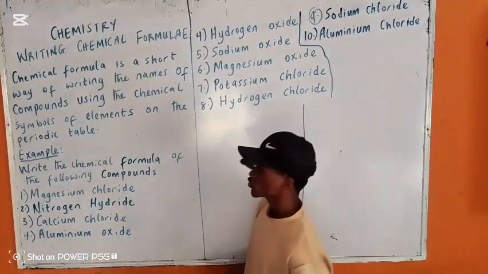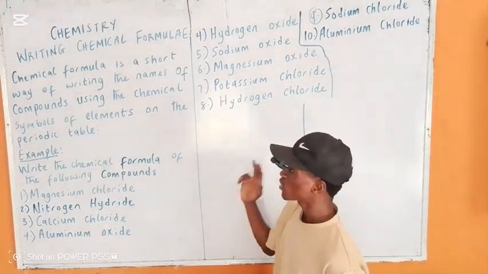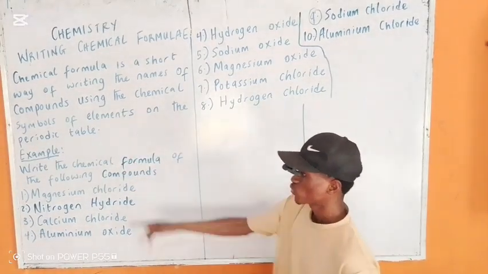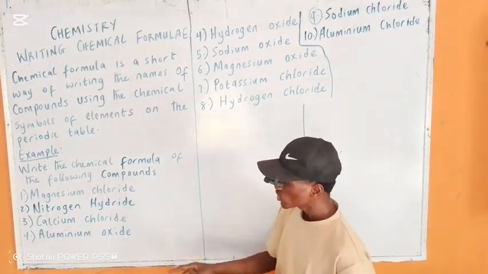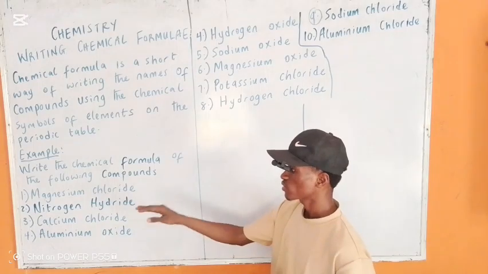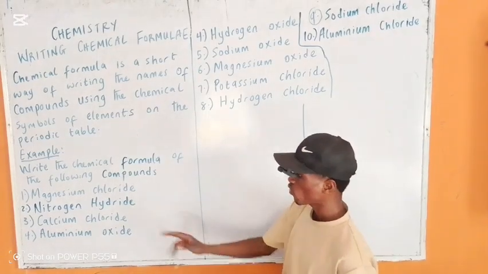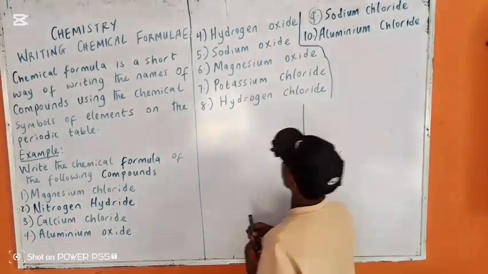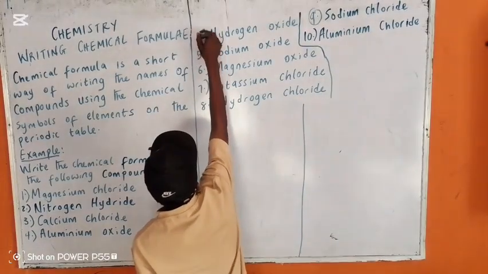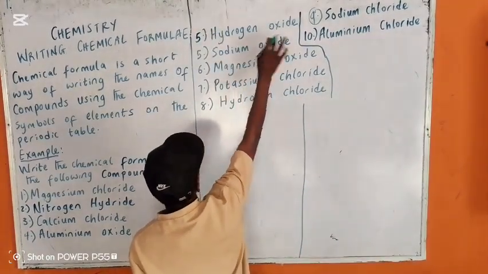Now, we are asked to write what? The chemical formula of the following compounds. Number 1, magnesium chloride. Number 2, nitrogen hydride. Number 3, calcium chloride. Number 4, aluminium oxide. Number 5, we have hydrogen oxide.